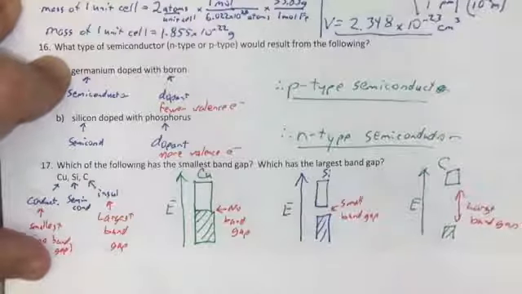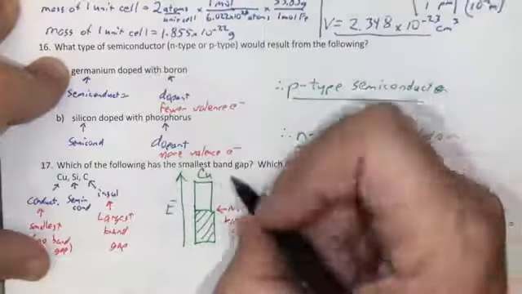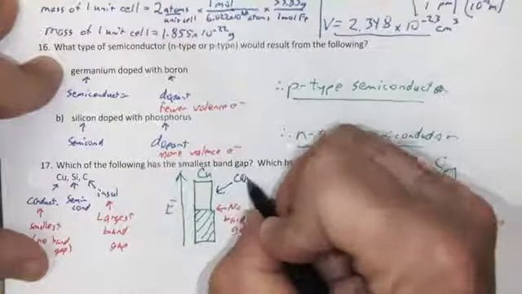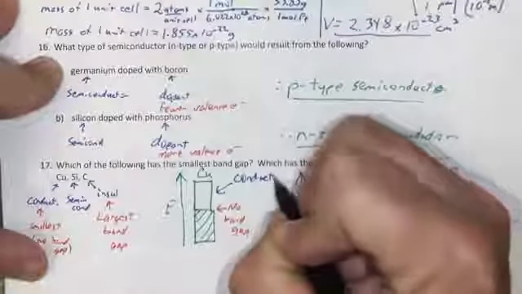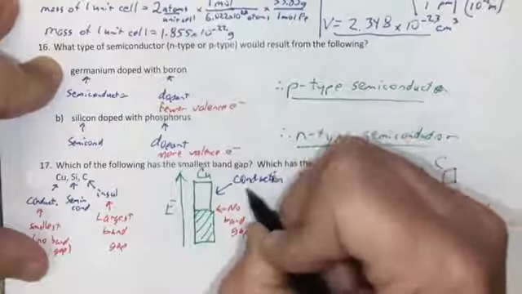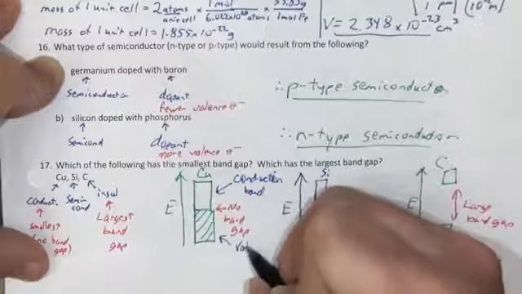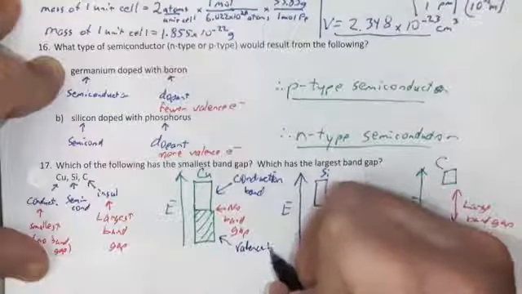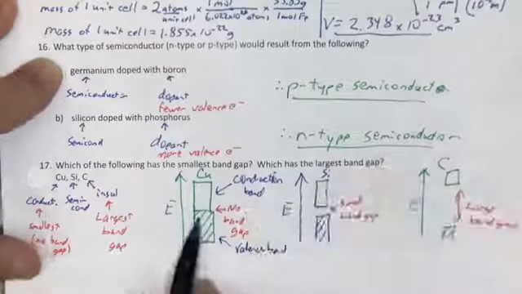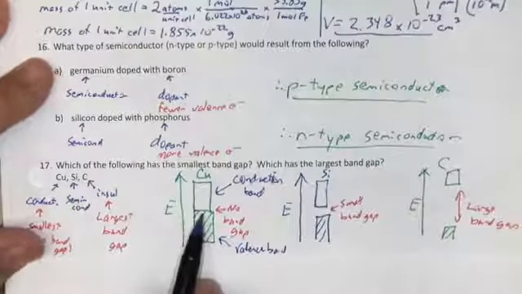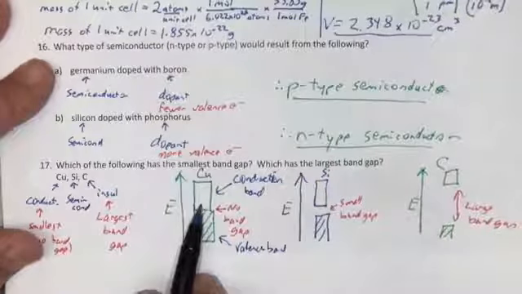So in each case, I've drawn up here, this is the conduction band. When electrons get into it, they can conduct electricity. This is the valence band. This is where all the valence electrons are. When there's no band gap, then it takes virtually no energy for the electrons to hop up here.